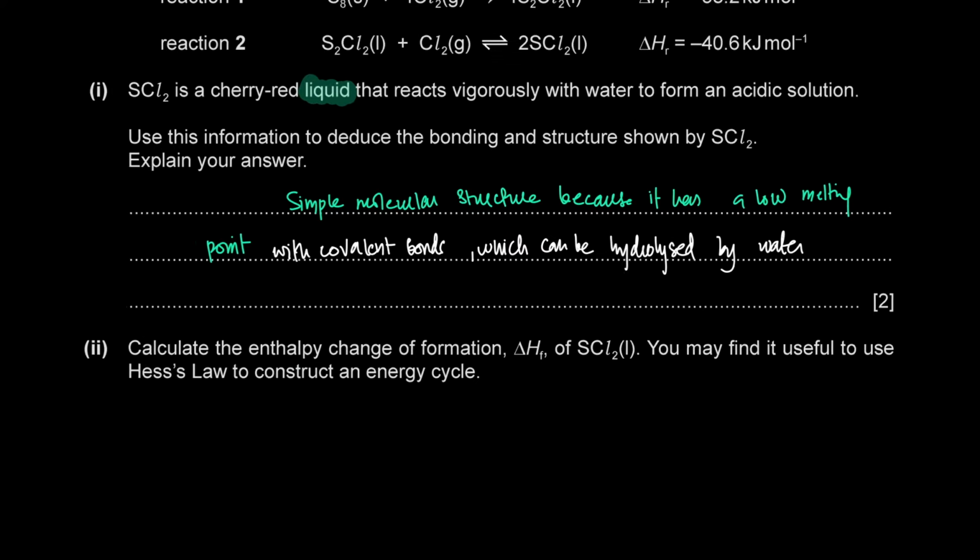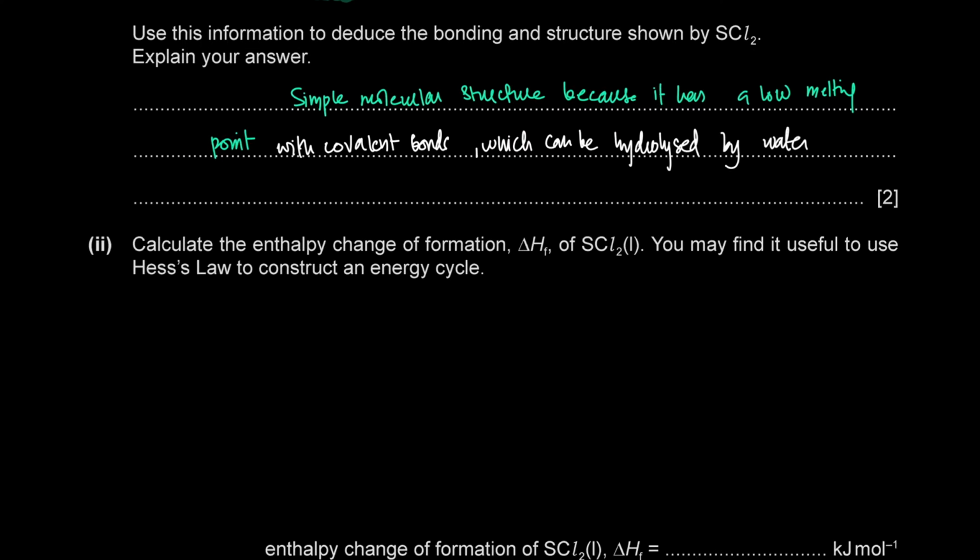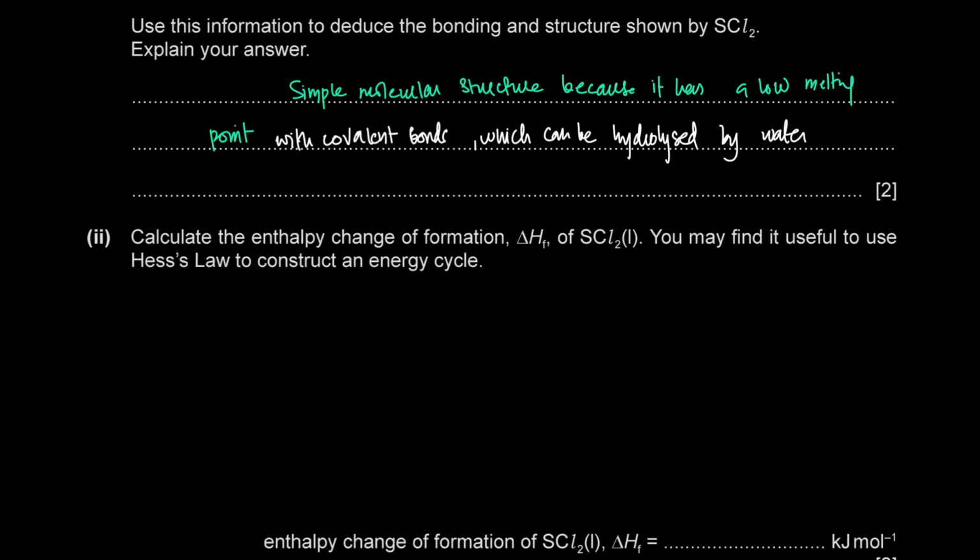Calculate the enthalpy change of formation of SCl2. You may find it useful to use Hess's law to construct an energy cycle. So firstly, the enthalpy change of formation is the enthalpy change when 1 mole of SCl2 is formed, in other words, it's the product, from its constituent elements in their standard states.